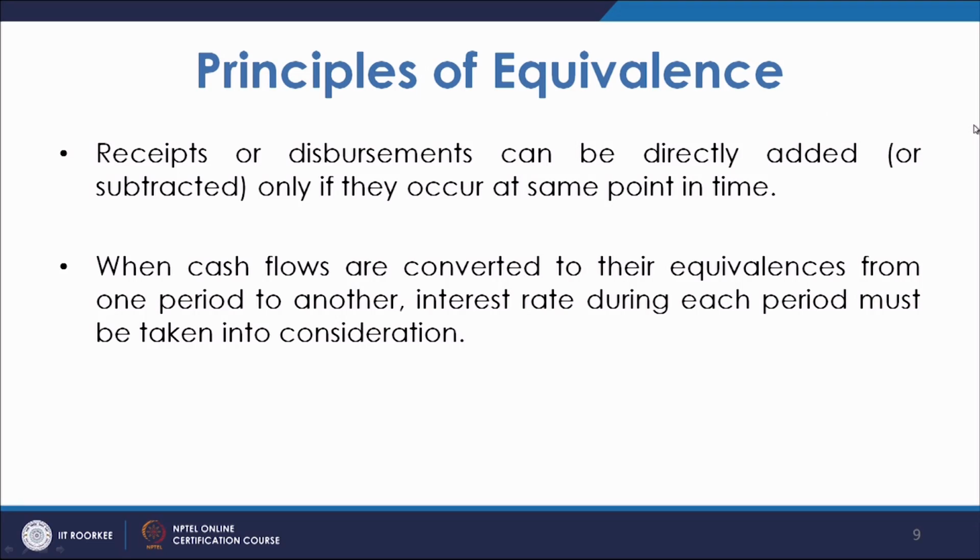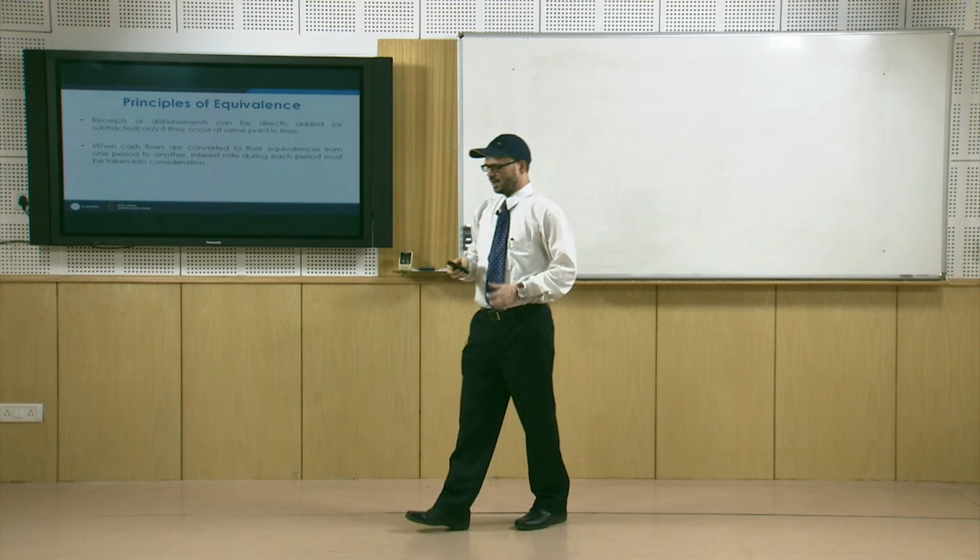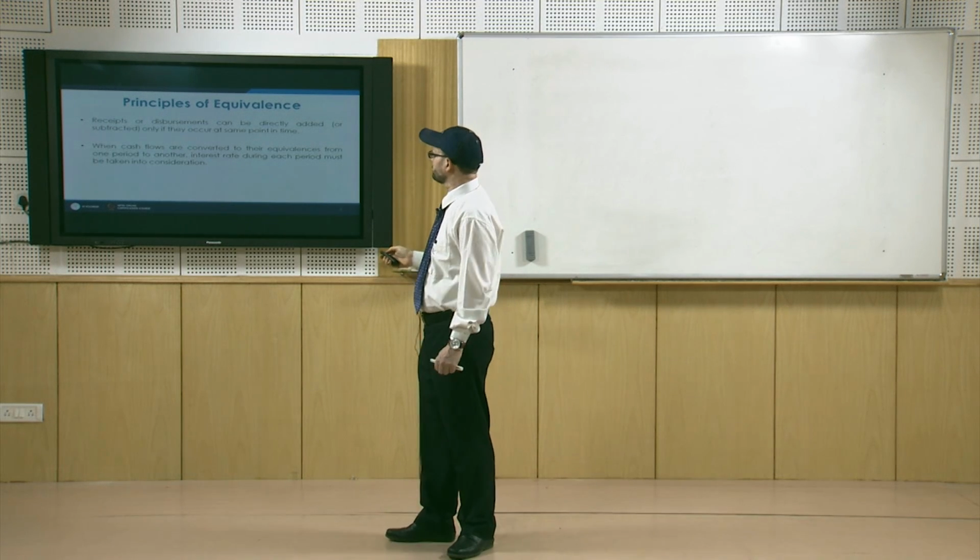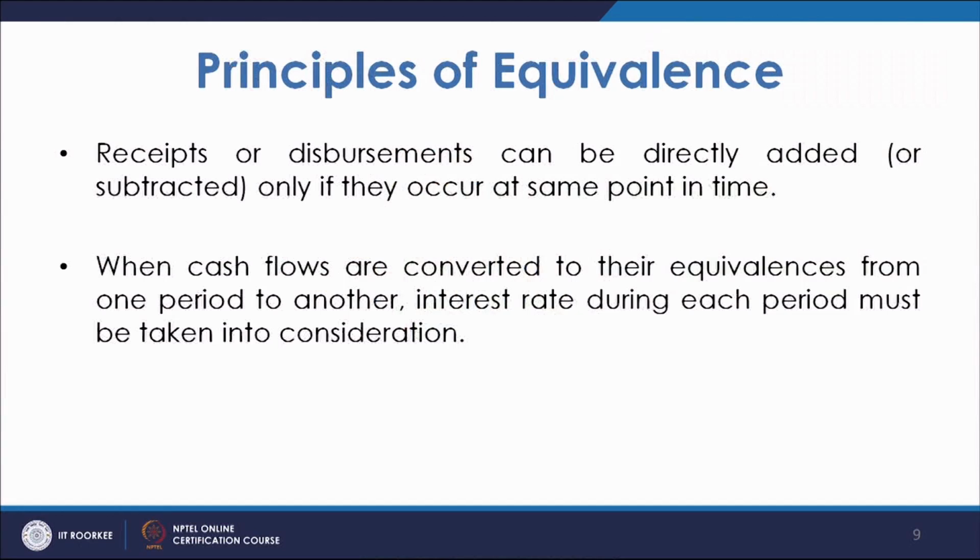Now, we will discuss some of the other principles of equivalence. The first principle is that receipts or disbursements can be directly added or subtracted only if they occur at the same point in time.